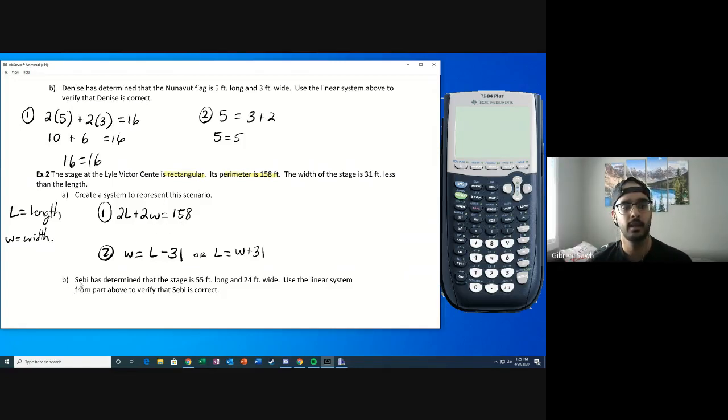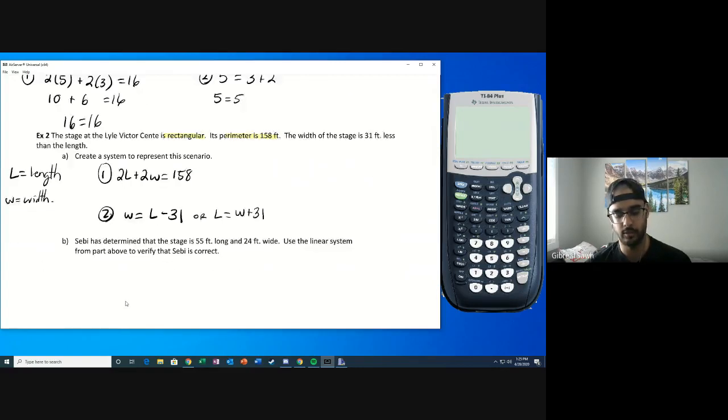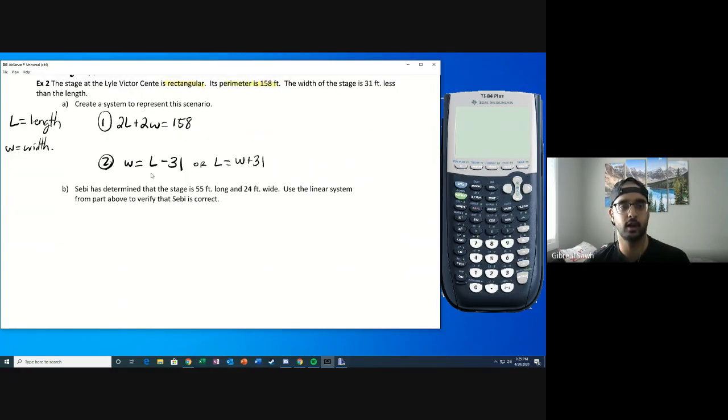Part B then, the stage has been determined to be 55 feet long, 24 feet wide. Use the system from above to verify that it's right. We don't really know if our system is right so far, so let's verify it. If our verification step didn't work out, then you would know one of your equations needed a little bit of work to make it actually a true statement.